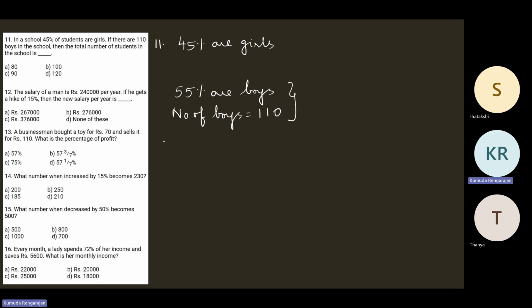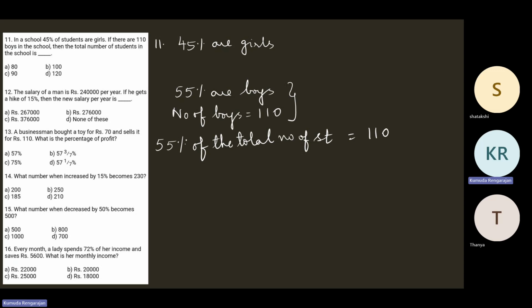Which means 55% of the total strength, or the total number of students, is equal to 110. This is the equation. 55% of the class are boys and that is equal to 110.